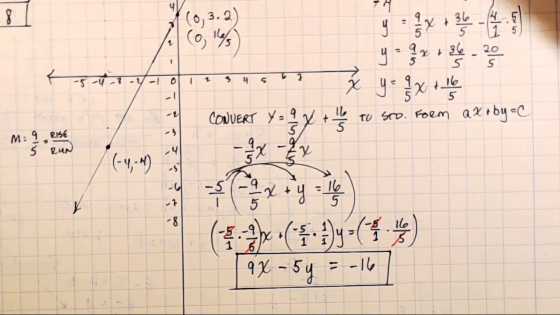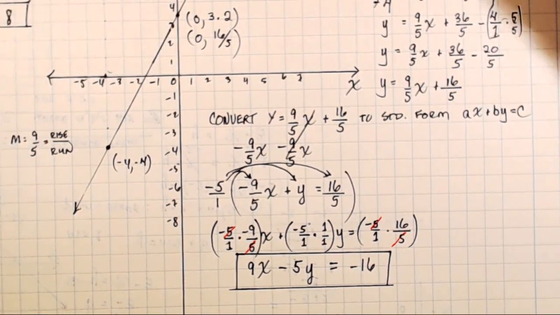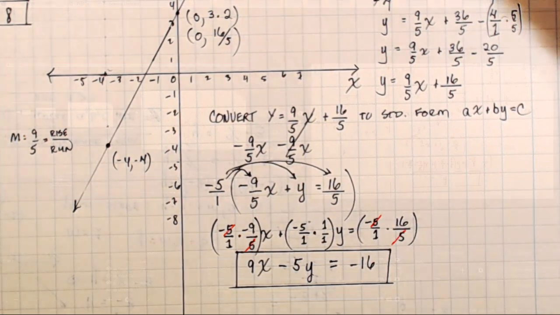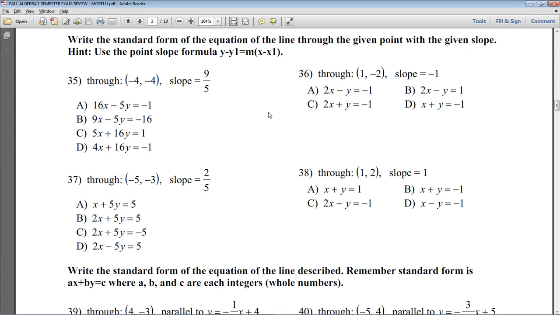Let's see if we have that as one of our answer choices for number 35. Okay, so going back to number 35, we found 9x minus 5y equals negative 16. So for number 35, we found that B was the correct answer choice.